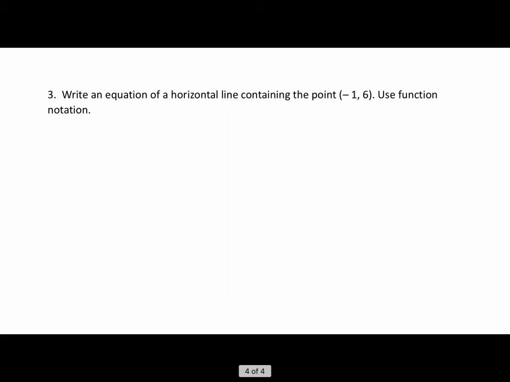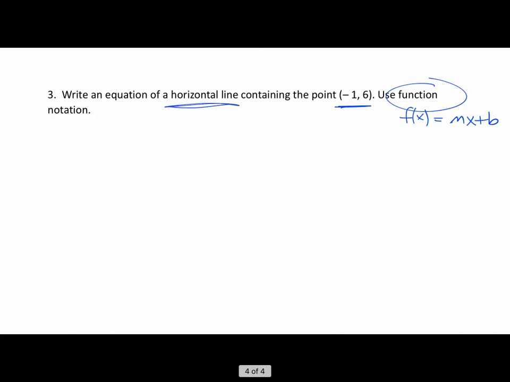For number 3, write an equation of a horizontal line containing the point (-1, 6). Use function notation. So again, we're going to be looking for that function notation. But this time, we're given a point, and where's the slope? I need a slope, right? What does it say? It's a horizontal line.